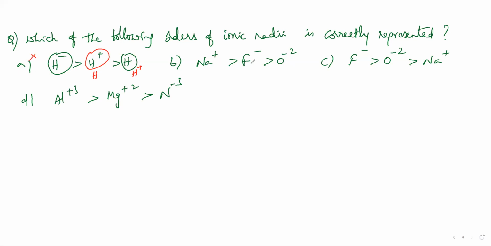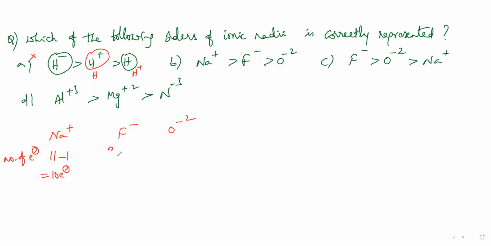Second option, Na plus, F minus, O minus 2. Now what is the charge present on all these? If we consider the number of electrons, how many electrons are there in Na plus? Actually 11, plus indicates loss of 1 electron, so 10 electrons in Na plus.